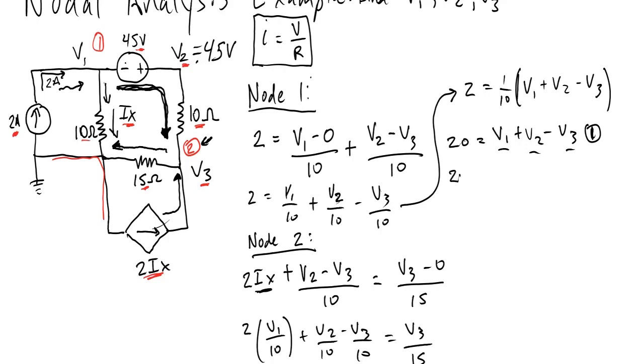So 20 equals V1 plus 45 minus V3. And let's move it over, so that gives us minus 25 equals V1, because we subtracted 45 from both sides, just so you guys know. And then V1 minus V3. So that's our new one. Let's go down here and do the same thing.